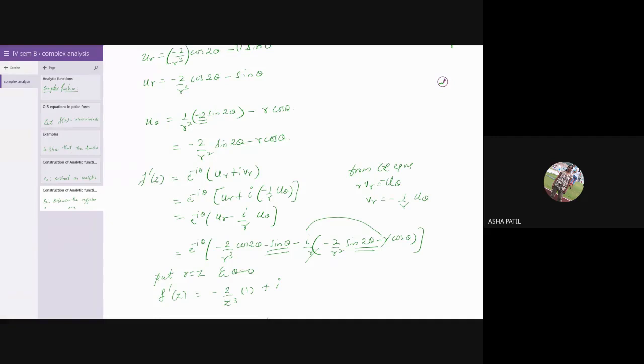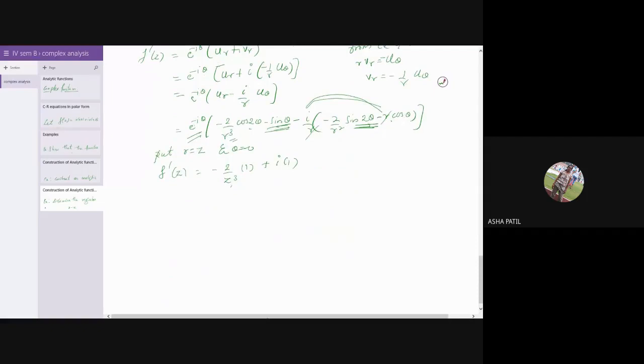Then cos 0 is 1. So we got f dash z. Integrate it to obtain f of z.